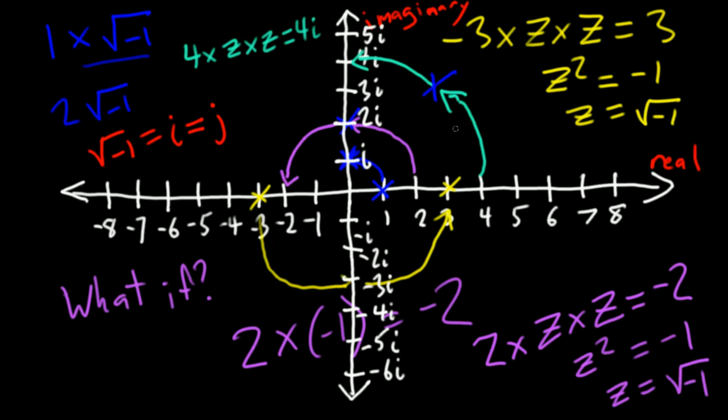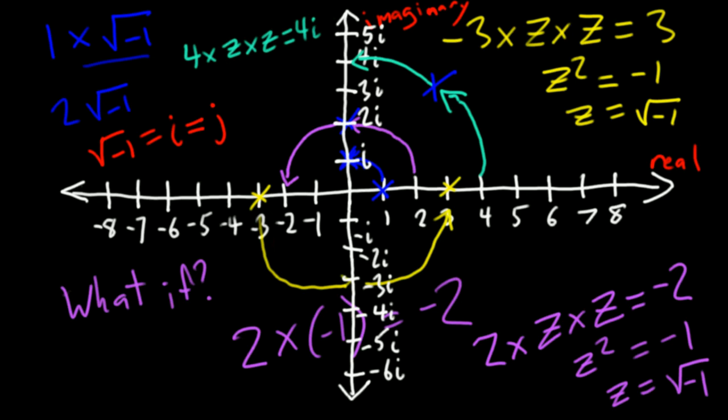that is not on either axis. It's not a real number and it's not an imaginary number. It has some real component and some imaginary component. And we call these numbers complex numbers. Really, anywhere in this entire plane, we could have a number, and it would have some real component and some imaginary component.